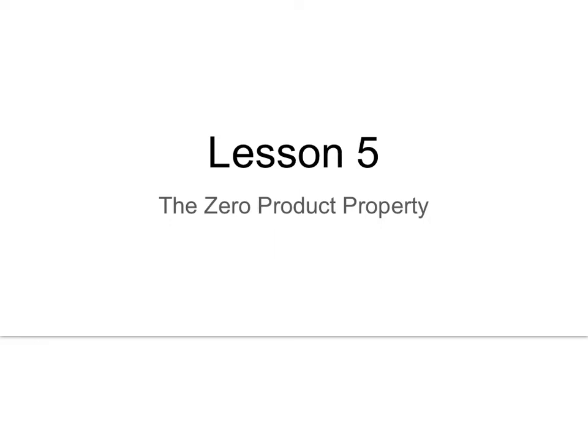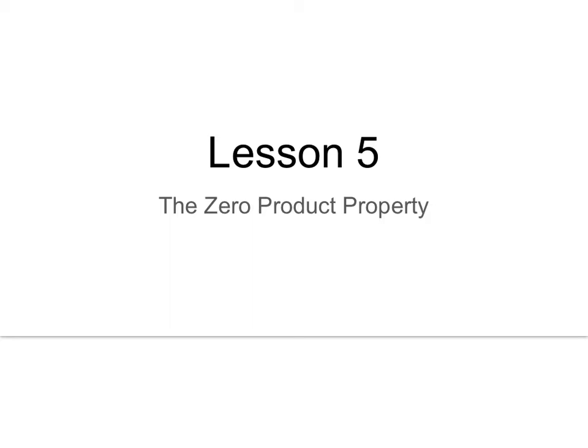Hey Algebra. In this lesson we're going to talk about how to use the factoring skills we learned in the last 4 lessons to solve equations involving quadratics. When we say solve, that means we're finding solutions.